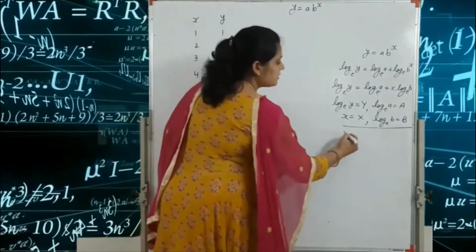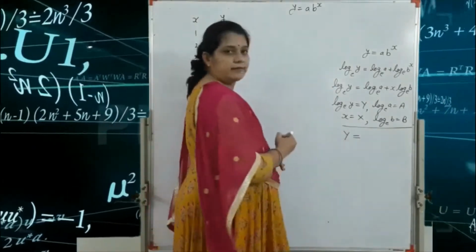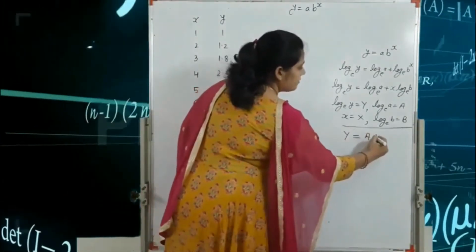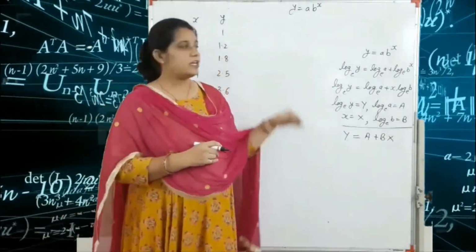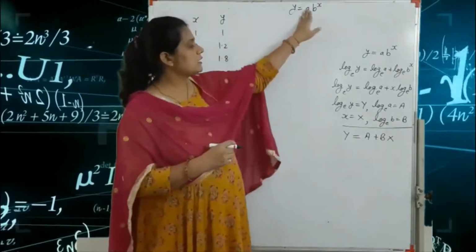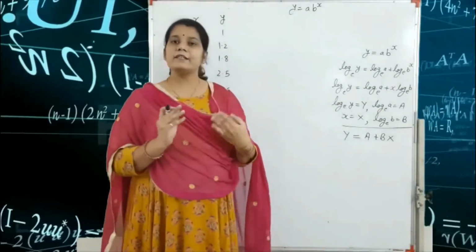So this equation converts to capital Y is equal to A plus B X. Got it? This is our straight line equation. So first we convert this curve into the straight line form.